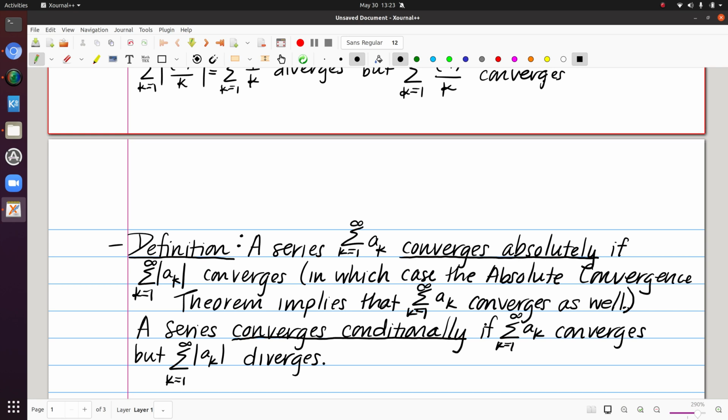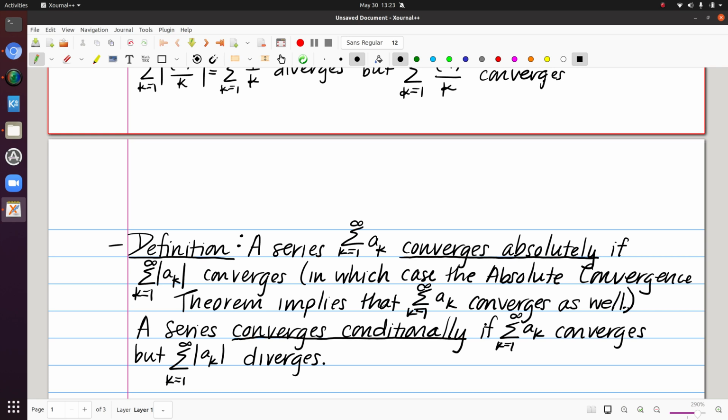So if a series converges absolutely, then that means that the sum of the absolute value of the terms converges. Now, one thing I have in parentheses here is that if the sum of the absolute value of the terms converges, the previous theorem automatically tells us that the sum of just a sub k converges. So what you can think about here is that absolute convergence means both converge, the sum of just a sub k as well as the sum of the absolute value of a sub k.